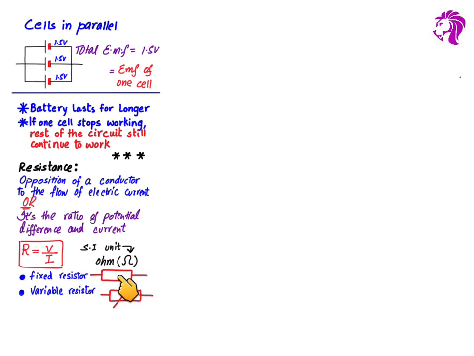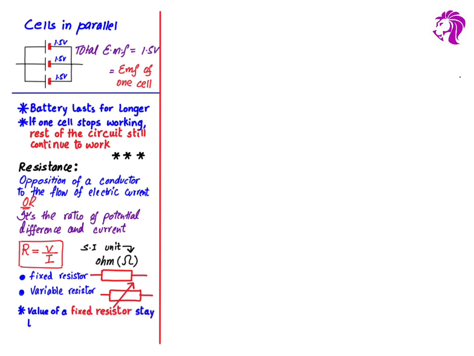Yes. The difference between the two is that one is just a rectangle with two lines at the ends, and the other one is the same diagram but with an arrow in the middle. So I have talked about the two types of resistors.